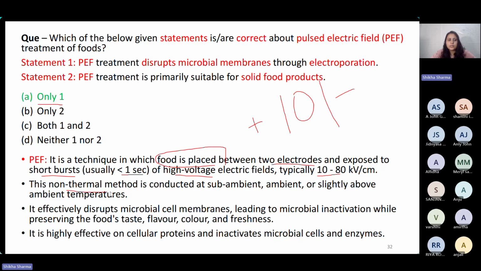This is basically a non-thermal method, conducted at ambient or slightly above ambient temperature, and it effectively disrupts the microbial cell membrane, leading to microbial inactivation while preserving the food taste, flavor, color and freshness. And it is highly effective on the cellular proteins and inactivates the microbial cell and enzymes.